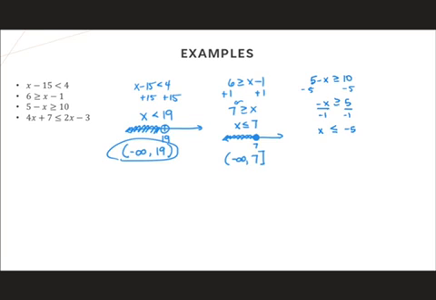So same inequality, it doesn't change the equal to part, it just turns it around. So now I am less than or equal to negative 5, and my interval goes from negative infinity to negative 5, including the negative 5.